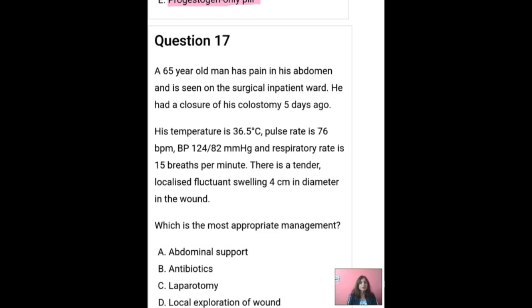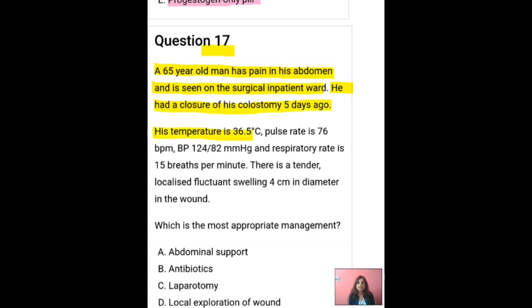So yeah, coming back to the question that I'll be discussing now, it is question number 17, and it says a 65-year-old man has pain in his abdomen and is seen on the surgical inpatient ward. He had a closure of his colostomy 5 days ago.